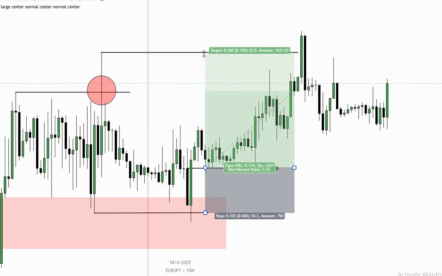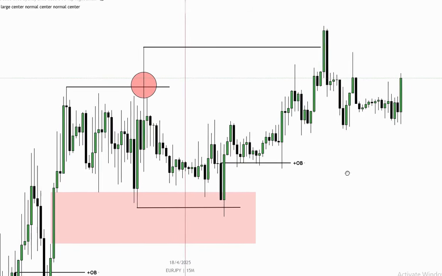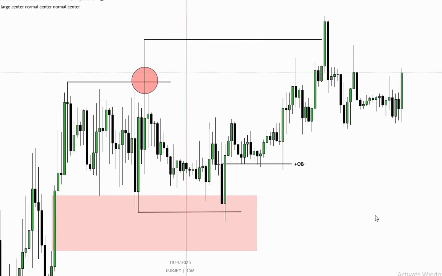What is this? This is a 2RR trade. Switch, short, you're out. Zero stress. All I'm saying, guys, is you can take advantage of these sessions if you know what you're doing.